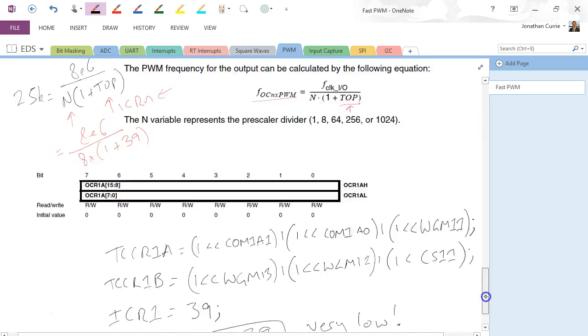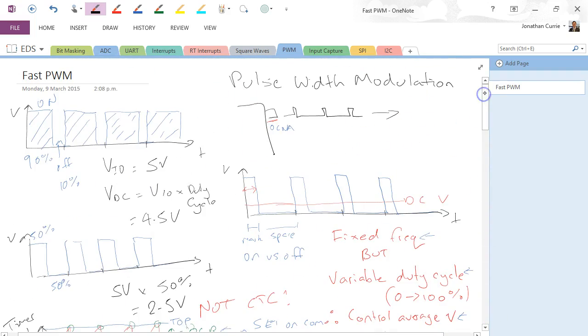Alright, so that's PWM. You'll see in this particular example what we've done is use timer 1 to generate fast PWM from the OC1A pin here. We've had a look at how PWM is generated by varying the mark-space ratio, also known as the duty cycle. We've used PWM with a fixed frequency but a variable duty cycle.